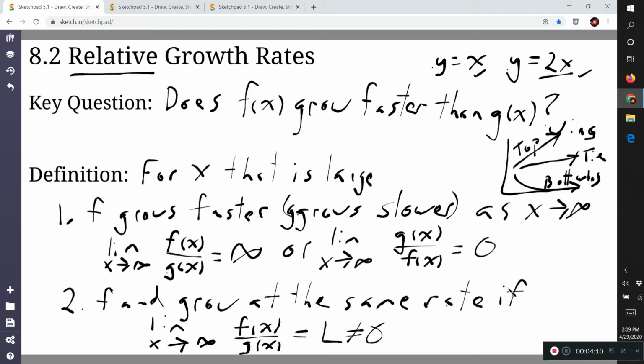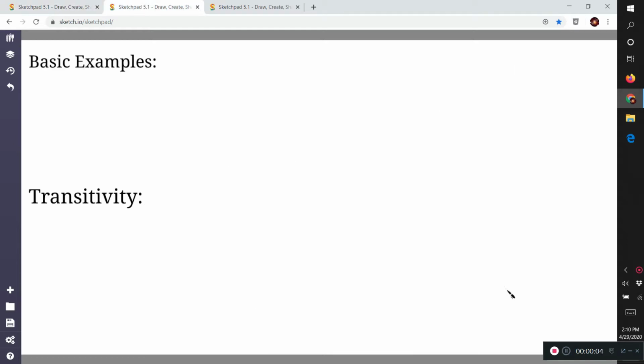All right, let's look at a couple examples of that. So for our first example here, let's say that f of x is x squared plus 2.